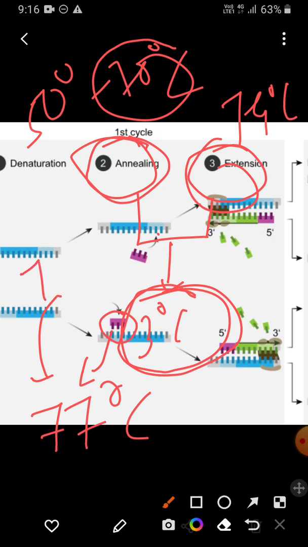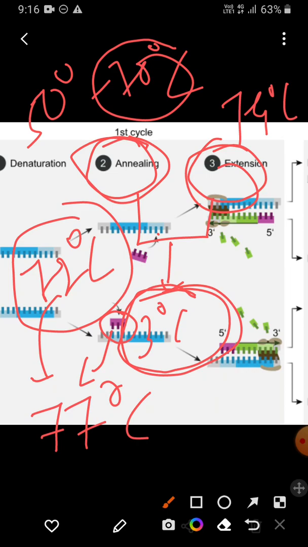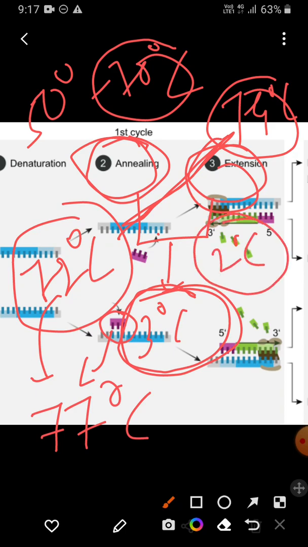So we have set our annealing temperature 72 and extension temperature is 74. So what is the difference between 72 and 74? Just 2 degrees centigrade, right? So under such circumstances, can we merge the annealing step and extension step into one step?